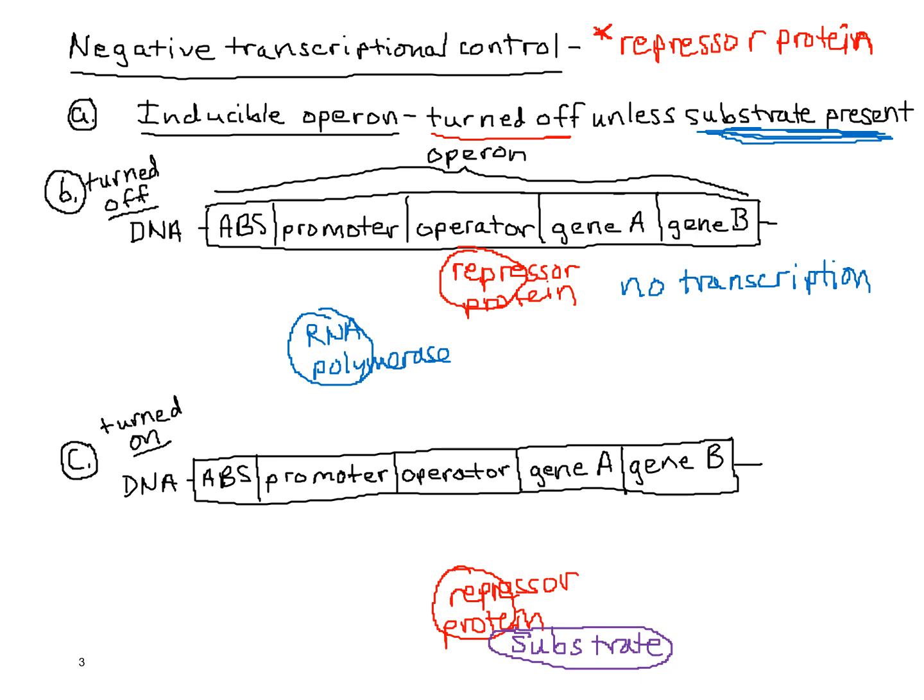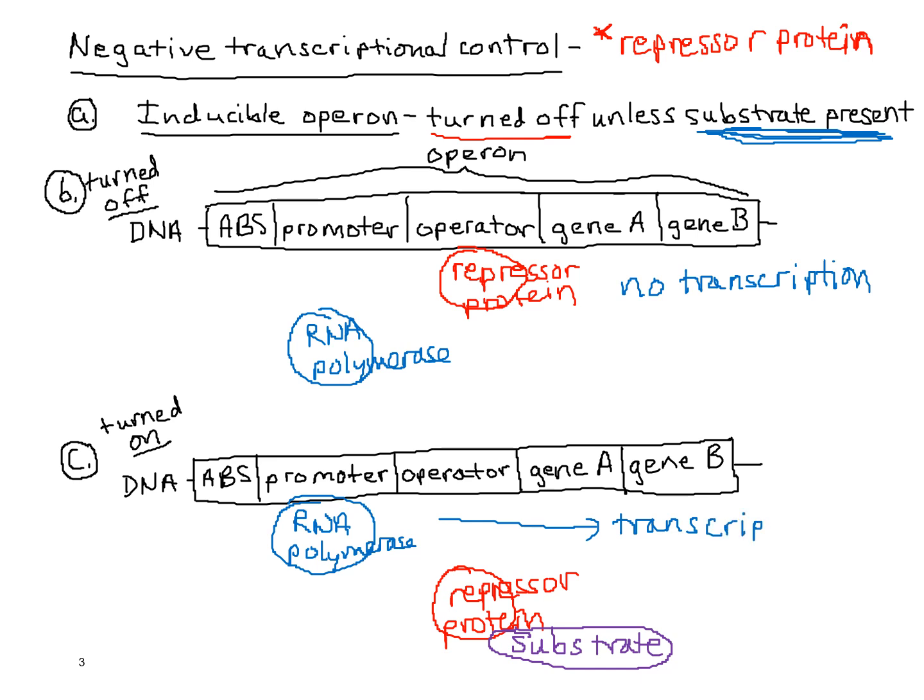So now our RNA polymerase is able to bind to the promoter, and then it can just travel down the DNA and go ahead and transcribe those genes.